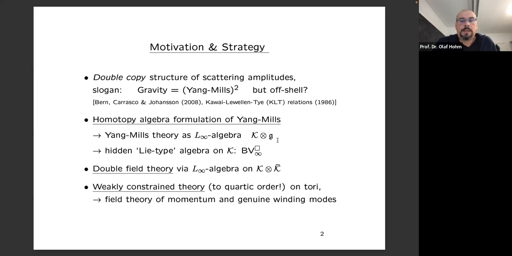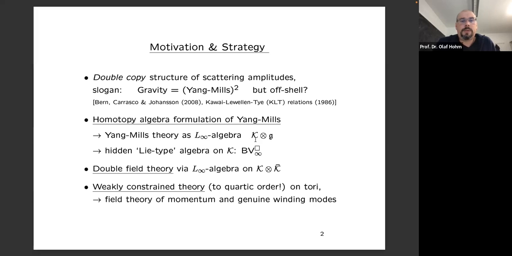We'll realize this L-infinity algebra as the tensor product of a simple Lie algebra, frak g, and another kind of homotopy algebra, which I denote here calligraphic K, which you can think of as the kinematics of the theory. If you take out color, what you're left with you can call kinematics.